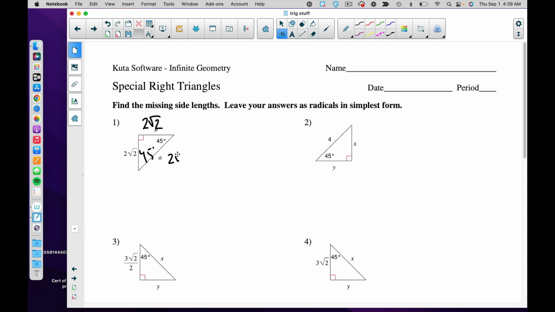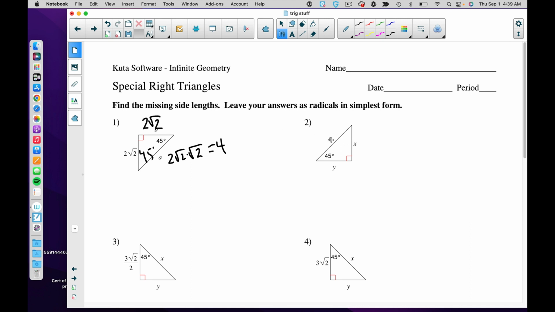So this would be 2 root 2 times root 2, which is the same as root 4, which is also a 2, which is times this 2, which if I clean it up looks like a 4. So you're always working off that. On your 45-45-90s, the legs are the same and the hypotenuse is times root 2.